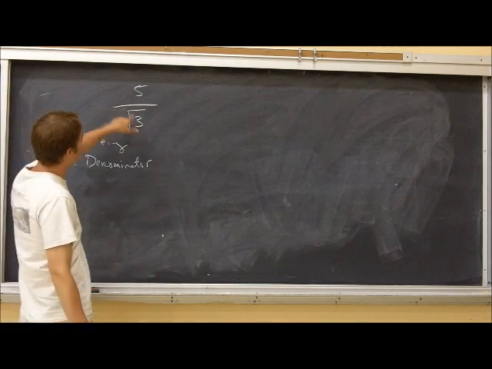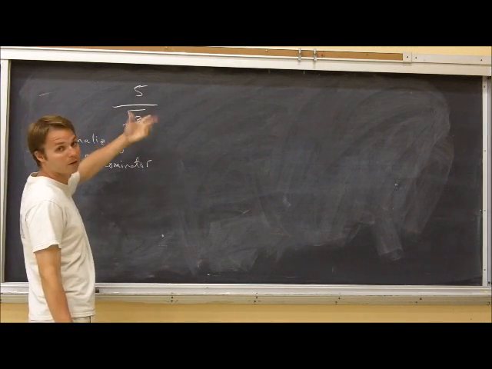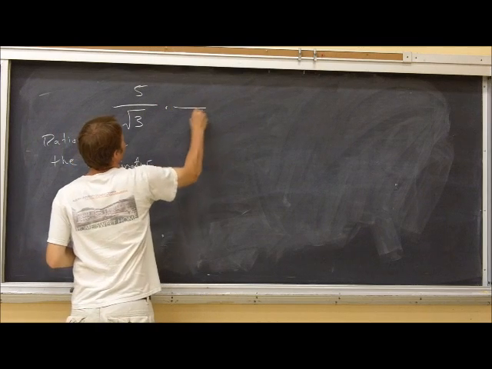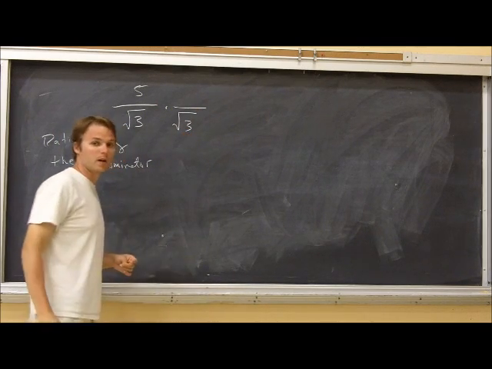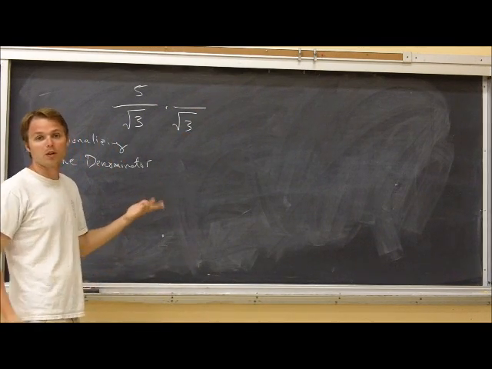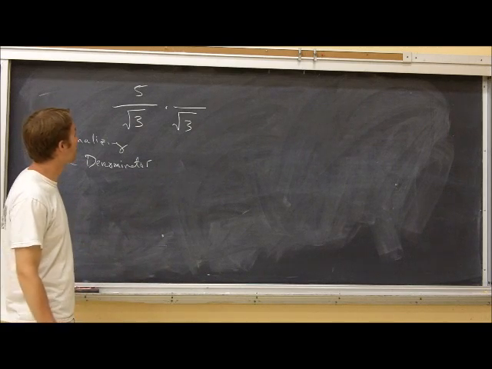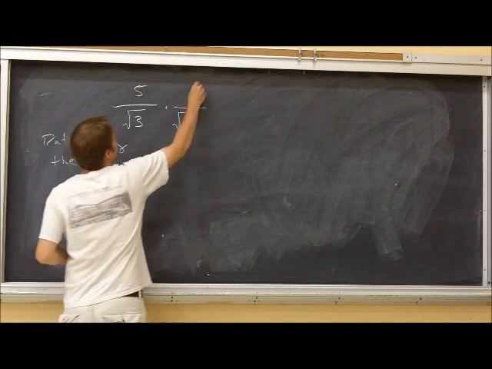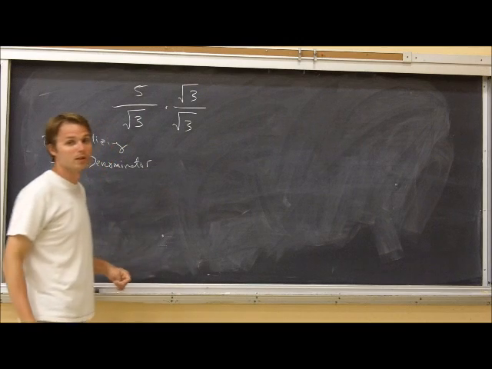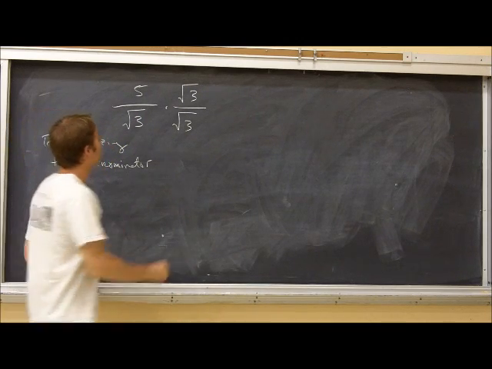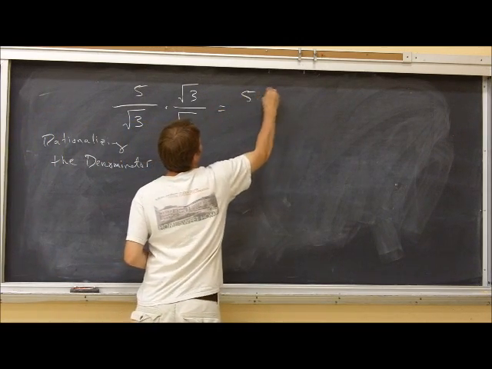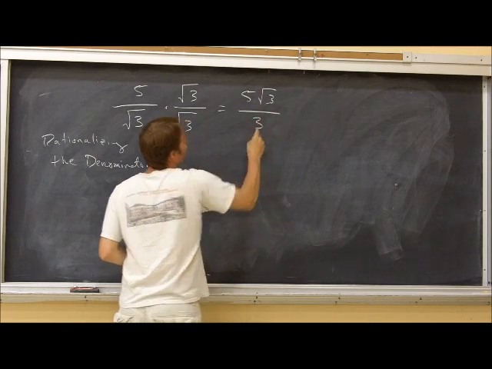Now, the easiest way to do this would just be to multiply the square root of 3 times the square root of 3, right? Because that will just become 3, which is perfectly fine to have in our denominator. Now, of course, this is a fraction, so if I do that to the bottom, I have to always do this to the top as well. So this will just become 5 times the square root of 3 over 3.